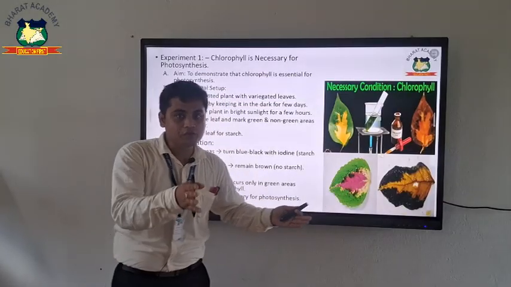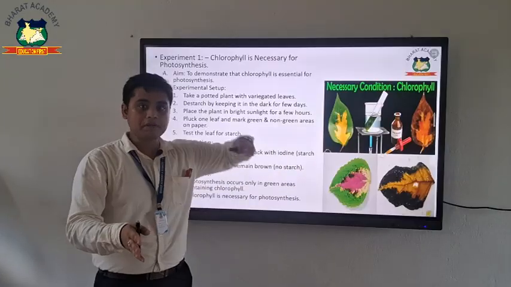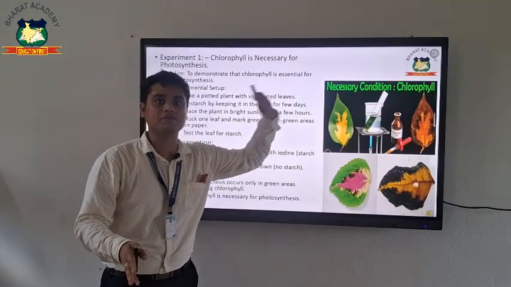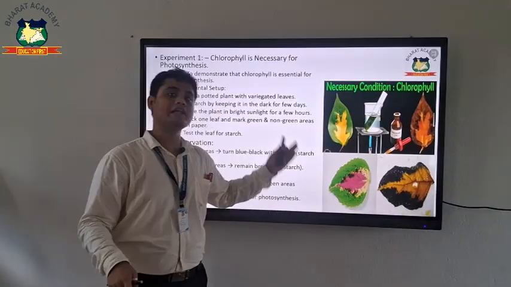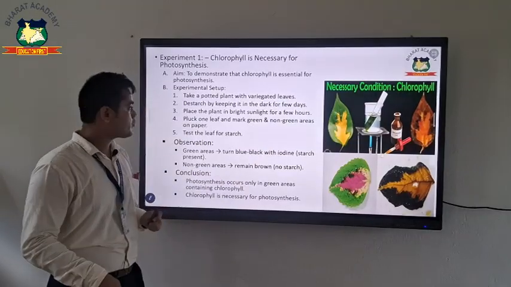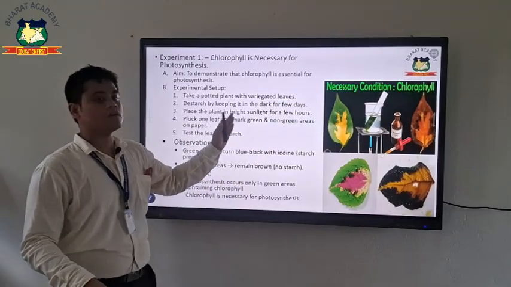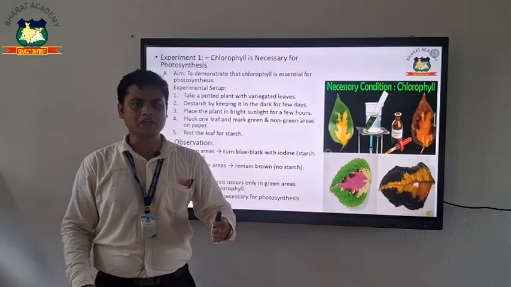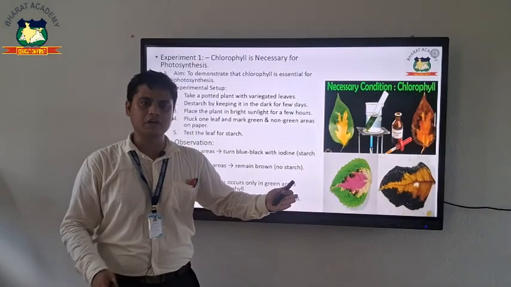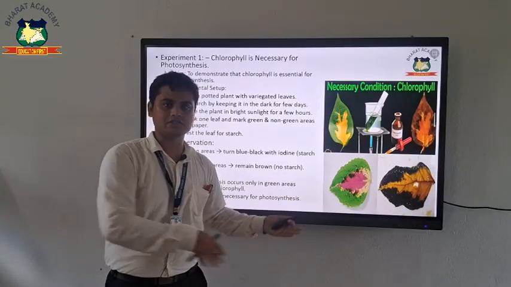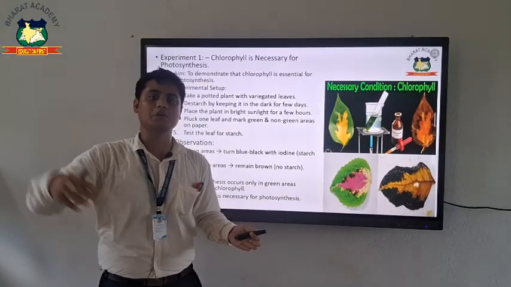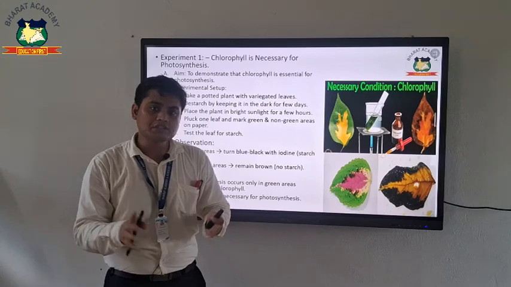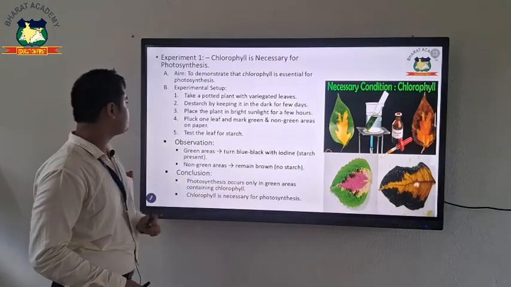So we have to erase the previously formed starch or previously formed glucose. How? That process is called de-starch. De-starch by keeping in the dark for a few days, or even 24 hours is enough. If we keep that leaf for 24 hours in darkness, then the previously formed starch will be utilized by the plant. So in this way we can de-starch the plant.